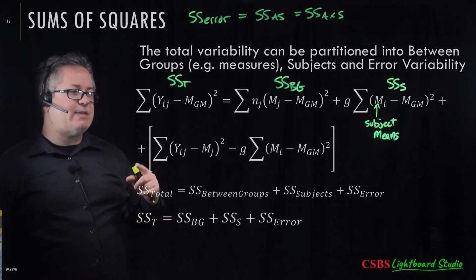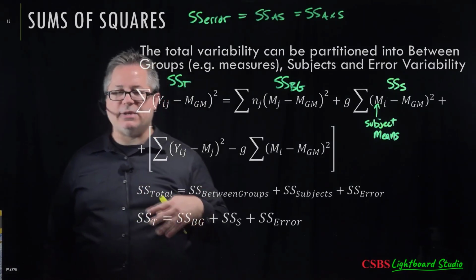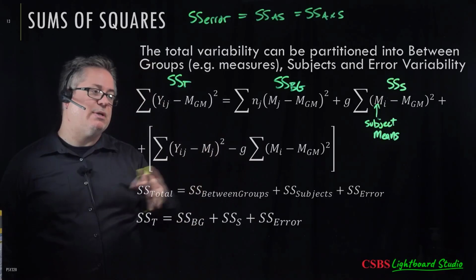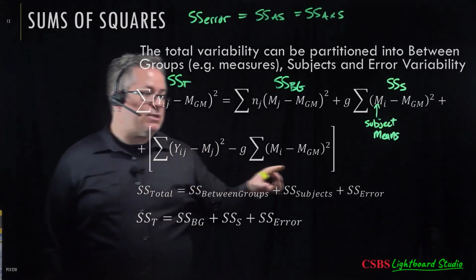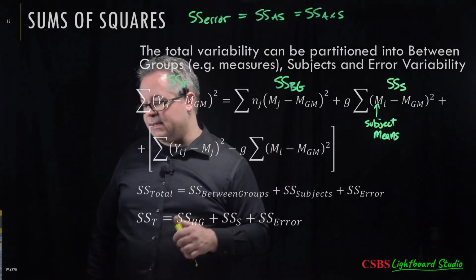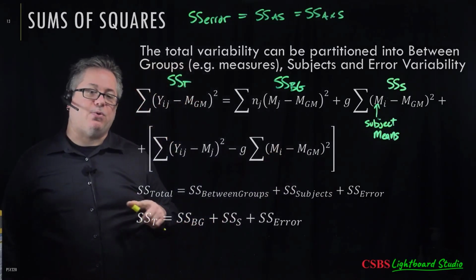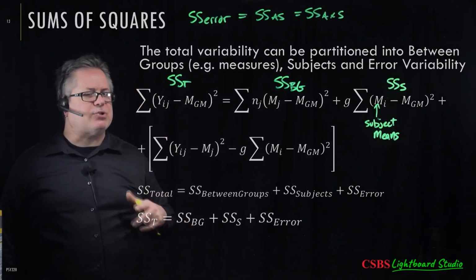It's how subjects differ from each other in a way that is different across the groups. It's the inconsistent scoring. So this does parallel the brackets in the factorial ANOVA, in that it is an interaction. It's just a strange interaction.